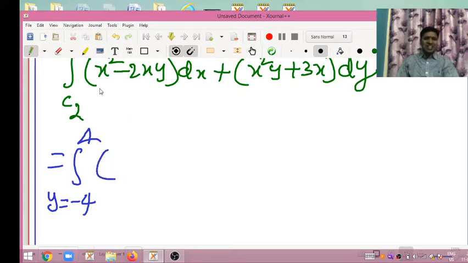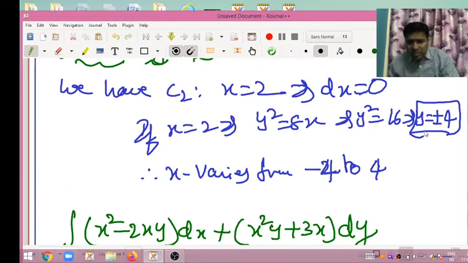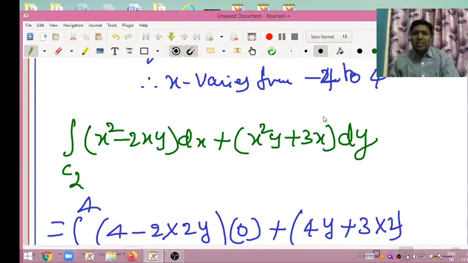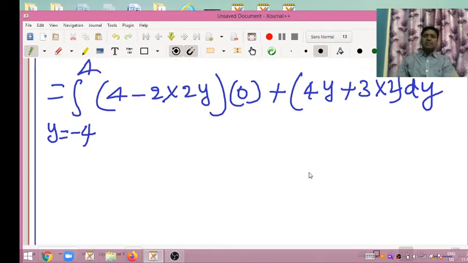So that's why this x value we convert into y. So x is equal to 2 means x square is equal to 4, minus 2 into x value 2 into y, right as it is, into dx value 0, my dear friends. Again x square means 4 into y value, right as it is, plus 3 into x value 2 into dy. Here dy value, how much, my dear friends? Dy, right as it is, my dear friends.